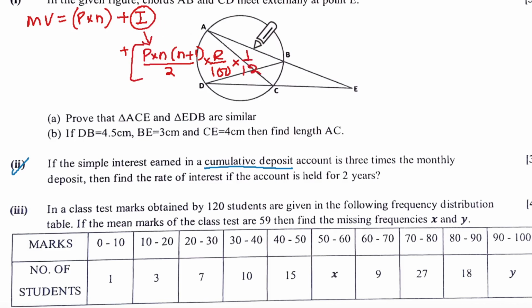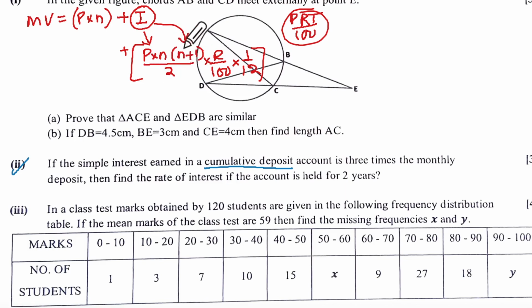Can you see this is PRT upon 100? Are you understanding this? So this is actually the simple interest because we are using the formula PRT upon 100. Some children do get confused how come this interest is simple interest, because it is not really PRT upon 100, but instead of P we are using total 1 month principal over here.